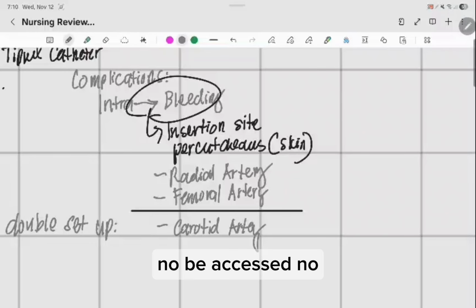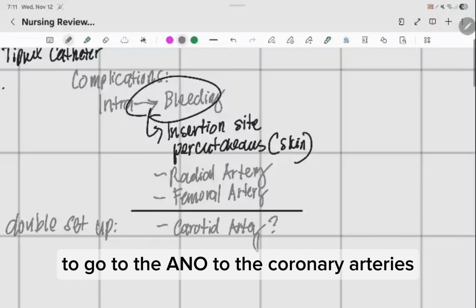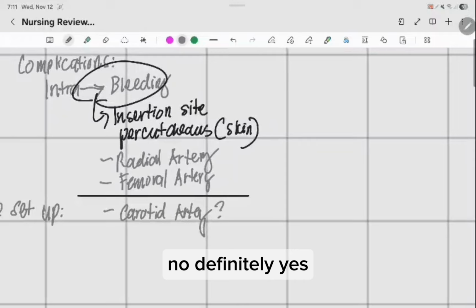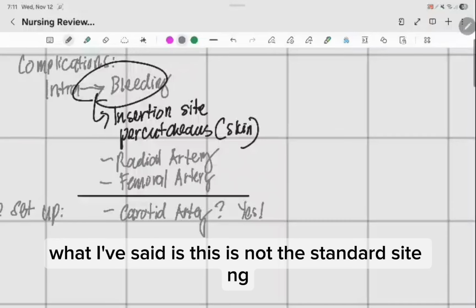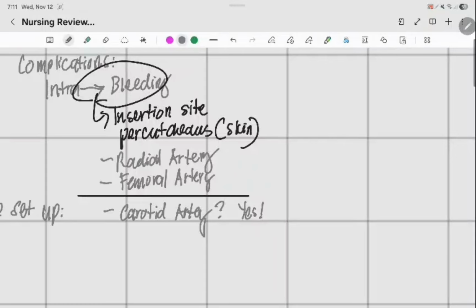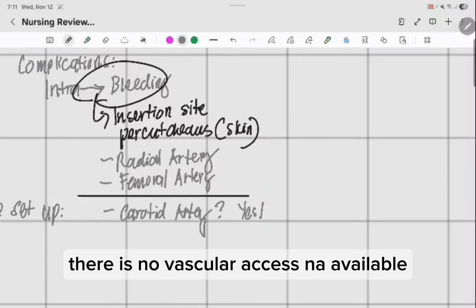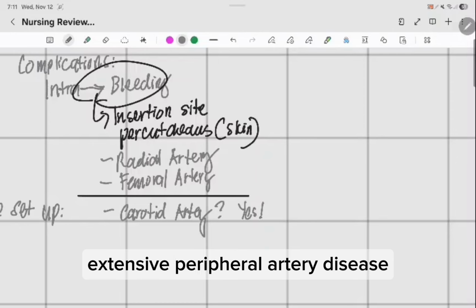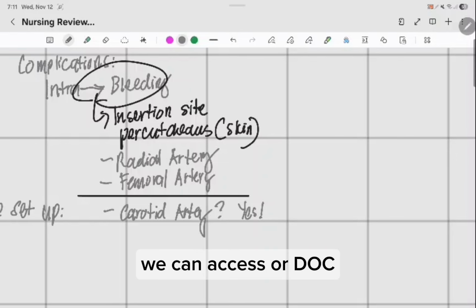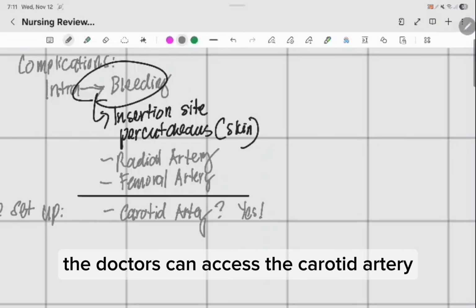Can it be accessed to navigate to the coronary arteries? Definitely yes. But again, this is not the standard site ng access. In case there is no vascular access na available due to the extensive peripheral artery disease, the doctors can access the carotid artery.